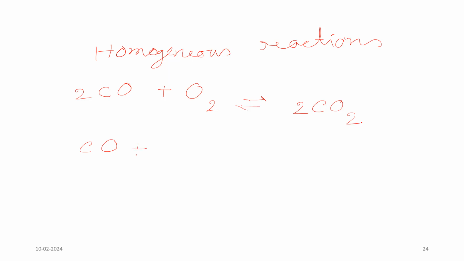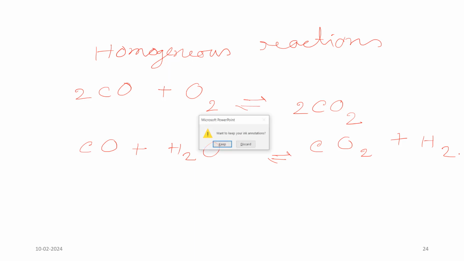Previously produced carbon monoxide also reacts with steam to produce a mixture of carbon dioxide and hydrogen. You can see that here there is no direct production of syngas, that is the CO plus H2 mixture, but CO and H2 are produced individually. So these are the reactions that happen in gasification.